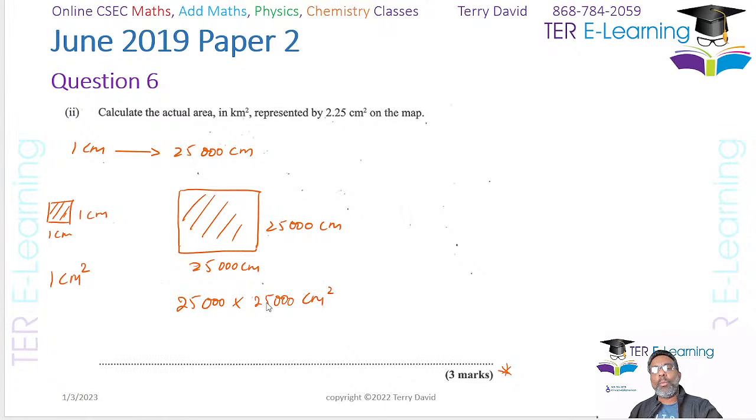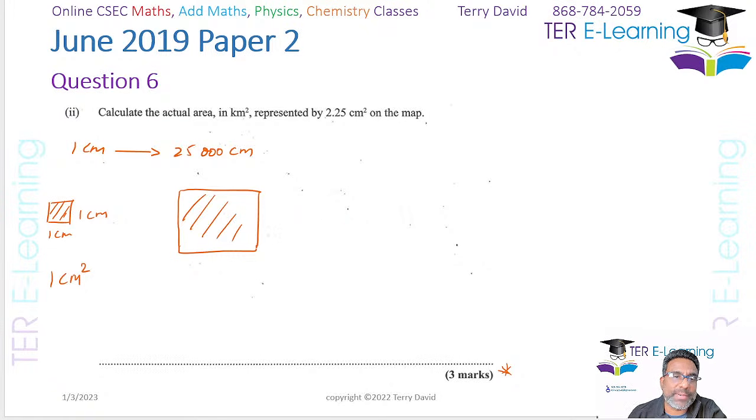Now, what some students do, instead of working in cm here, is this. Let me convert this 25,000 cm into kilometers one time. We already know what this is. We just said that it's 0.125. So this is 0.125 km by 0.125 km.